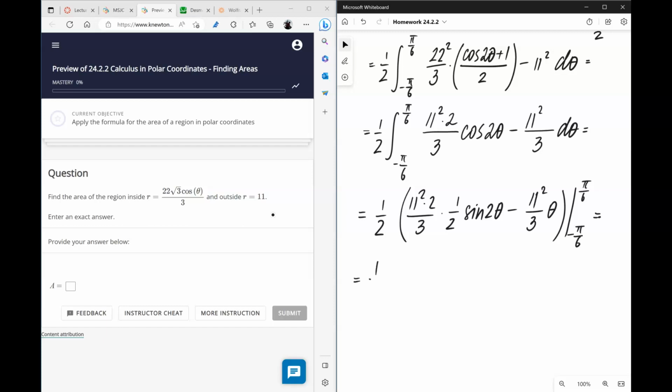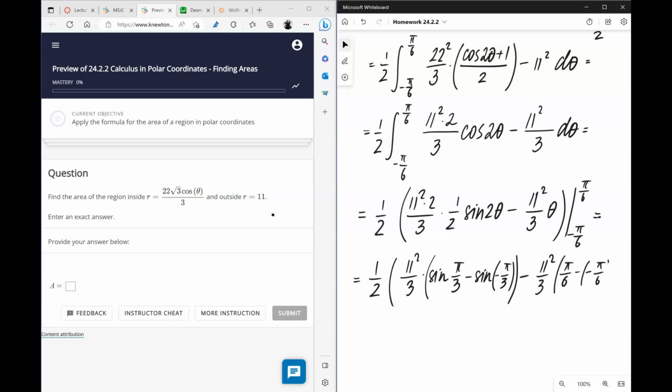So when we plug in pi over 6, we get sine of pi over 3 minus sine of negative pi over 3. And here we have 11 squared over 3 times pi over 6 minus negative pi over 6.